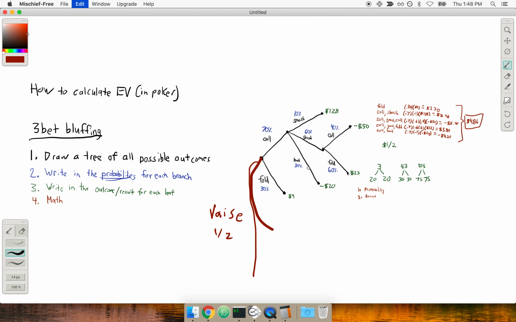Okay, so now I gave you an example of how we calculated expected value in poker, but I really want to make you understand that the way to calculate expected value is the same for anything. It's not specific to poker. So to use a fun example, let's think about the expected value of going on a date.